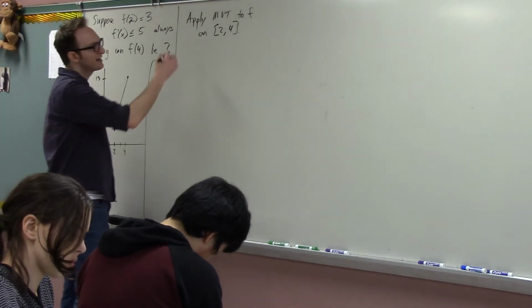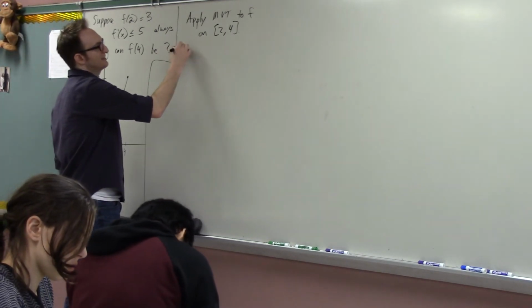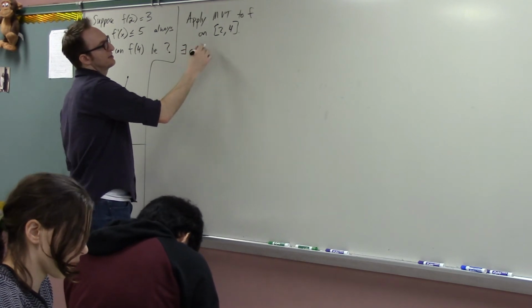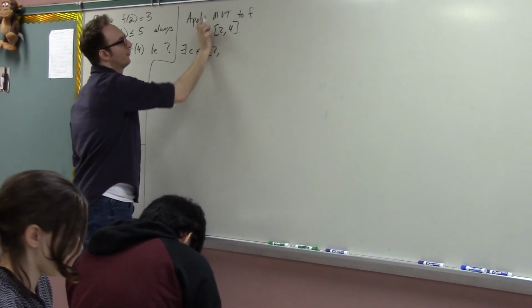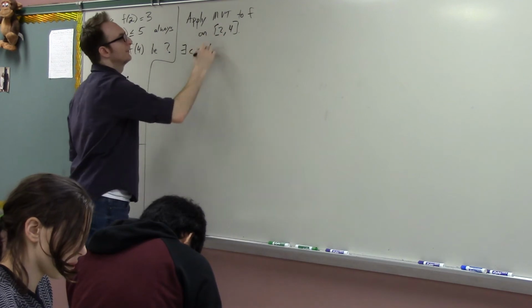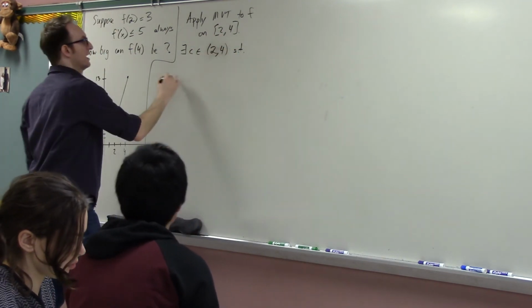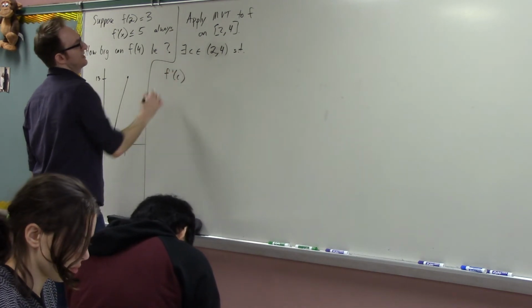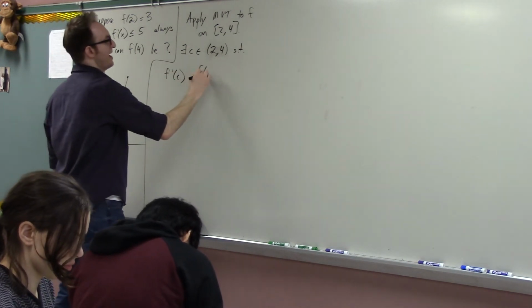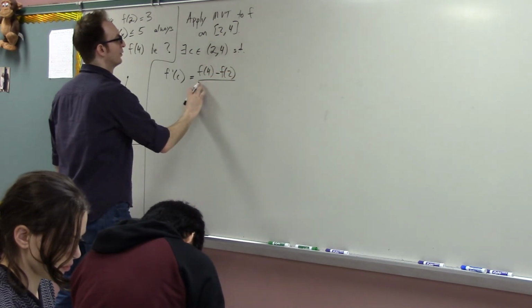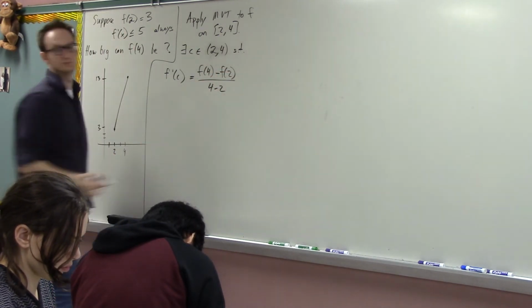It says that there exists a point c on the interval (2, 4) such that f prime of c is f of 4 minus f of 2 over 4 minus 2.